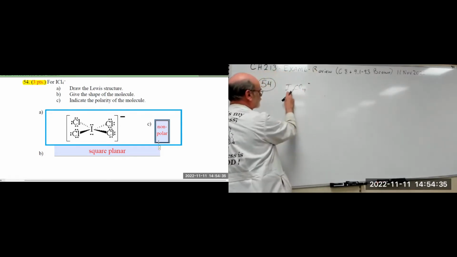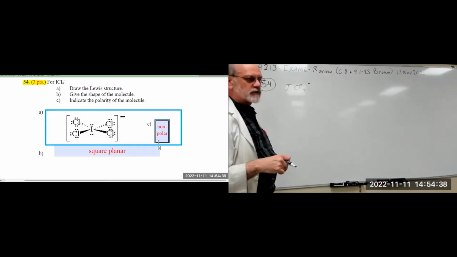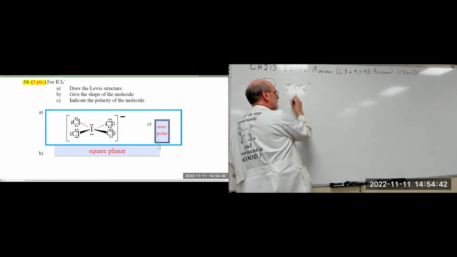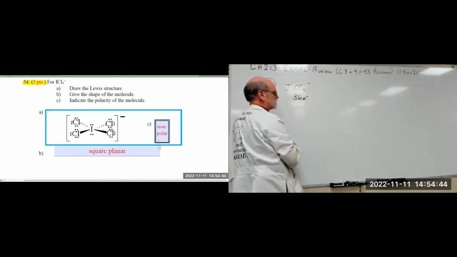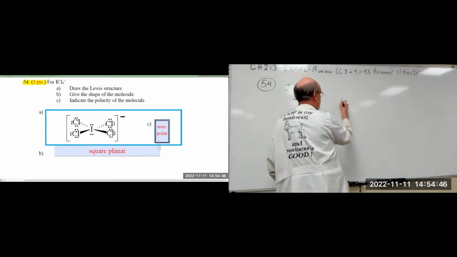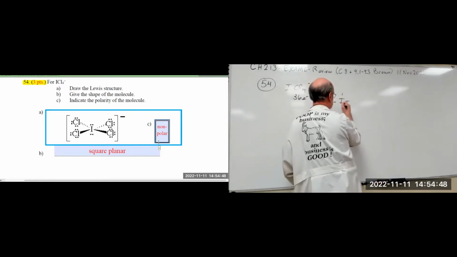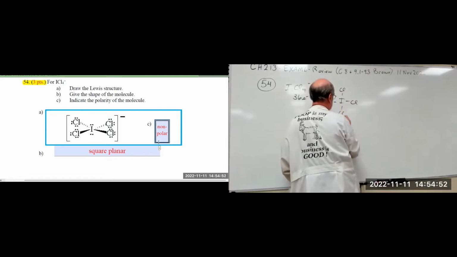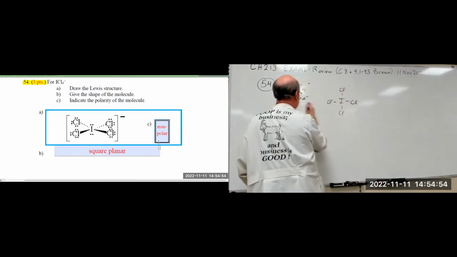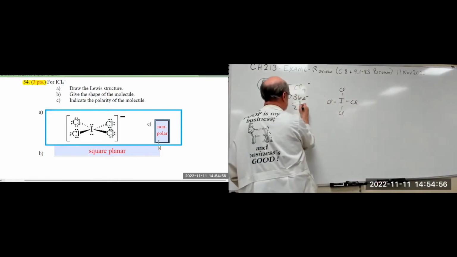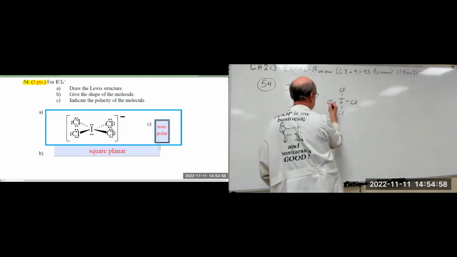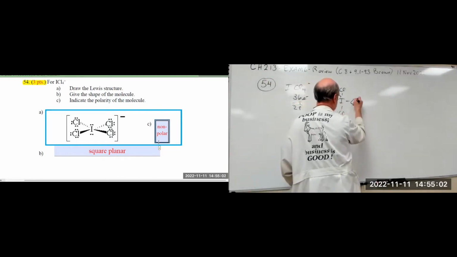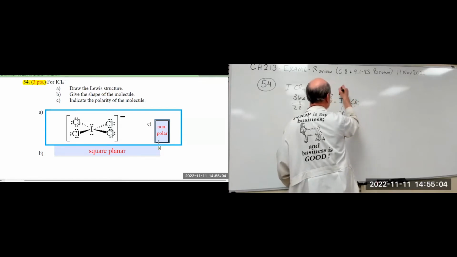Okay, we got 5 halogens, which means 5 times 7 is 35, plus 1, 36 electrons. Okay, iodine is going to be in the middle. Chloride, chloride, chloride, chloride. Okay, 2, 4, 6, 8, 28. Octets all around for the chlorines.